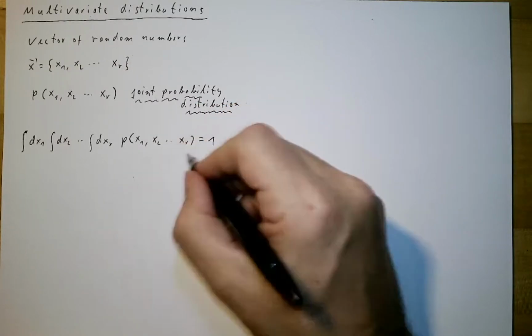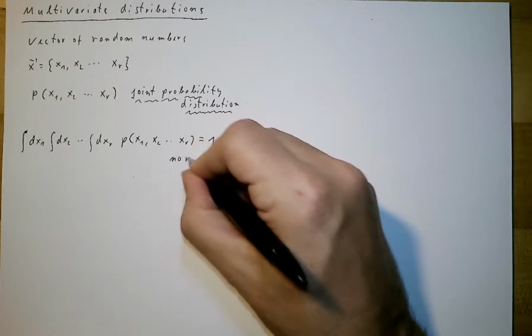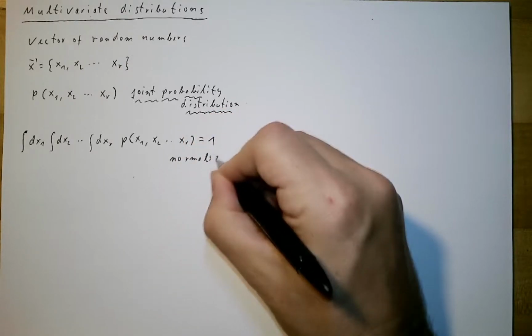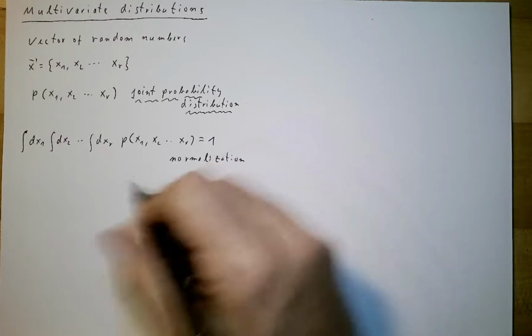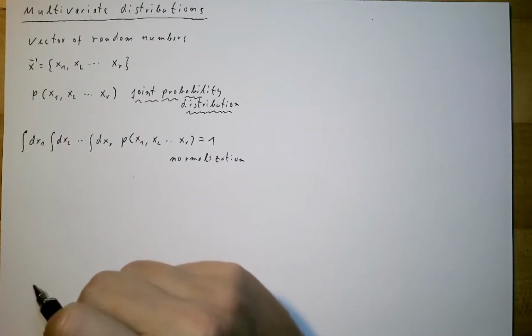That's the normalization, so that it is really a probability distribution.